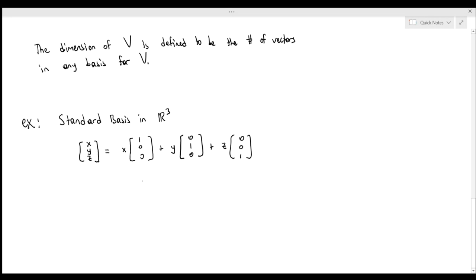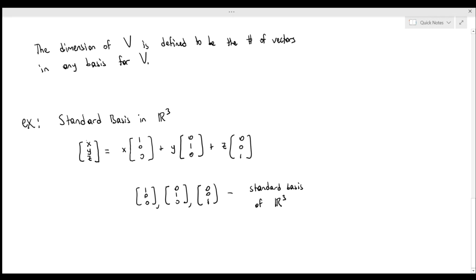So these vectors that you see here, (1, 0, 0), (0, 1, 0), and (0, 0, 1), are what we call the standard basis of R3. It is a basis in particular.